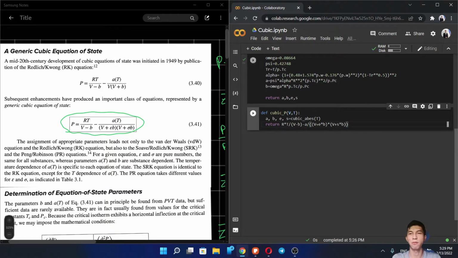So this is going to be the value our function returns, which is the cubic pressure. So we'll just run that.